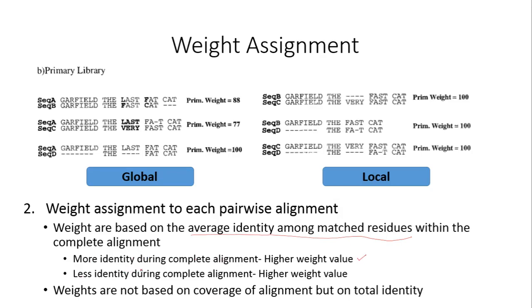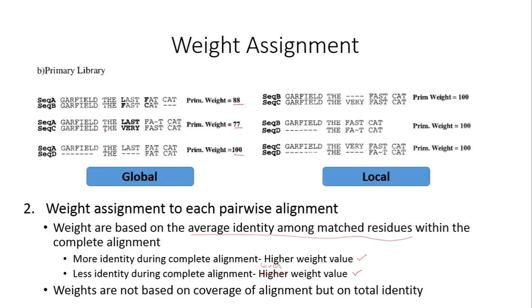If there is less identity during the complete alignment, a lower weight value would be given. So in this way, the weights that you assign to your alignment are not dependent on the coverage of your alignment, but they are dependent on how much identity you have obtained between two sequences.